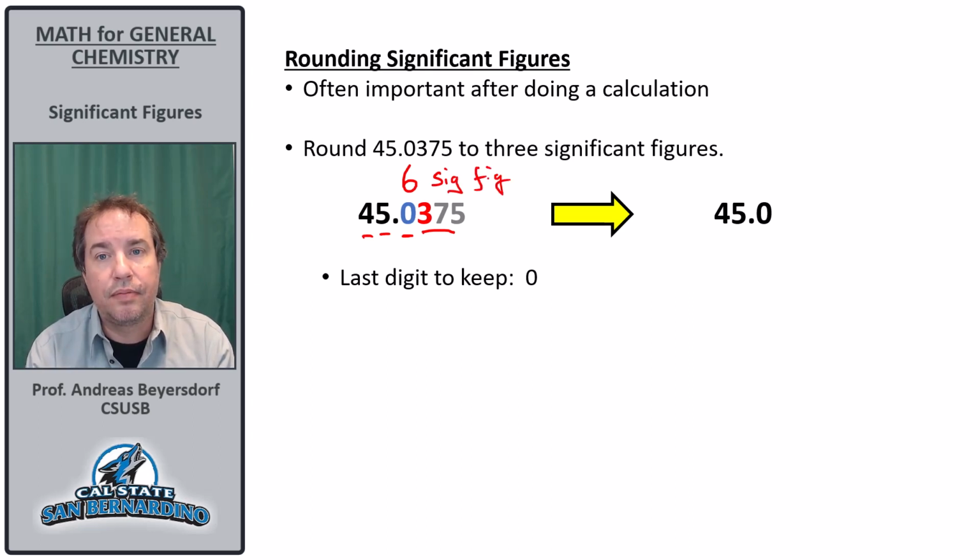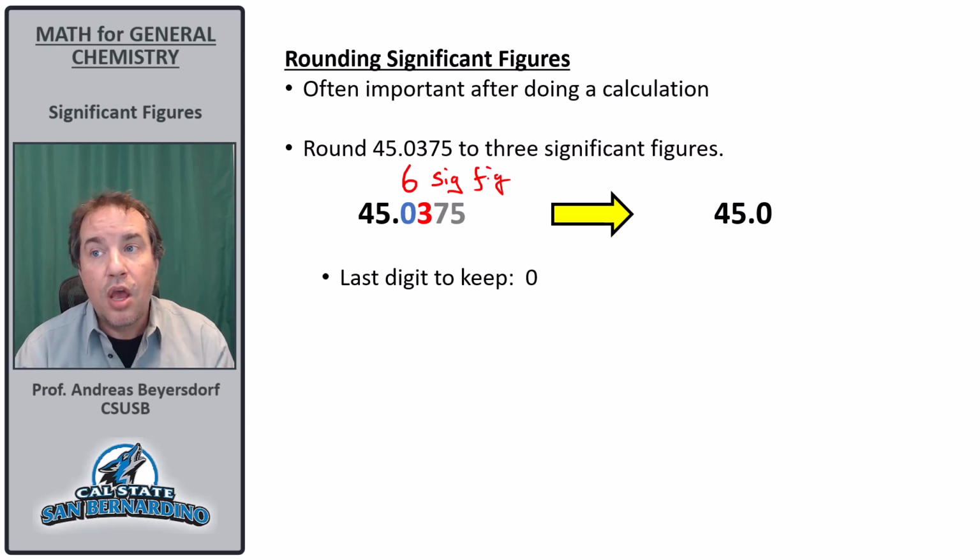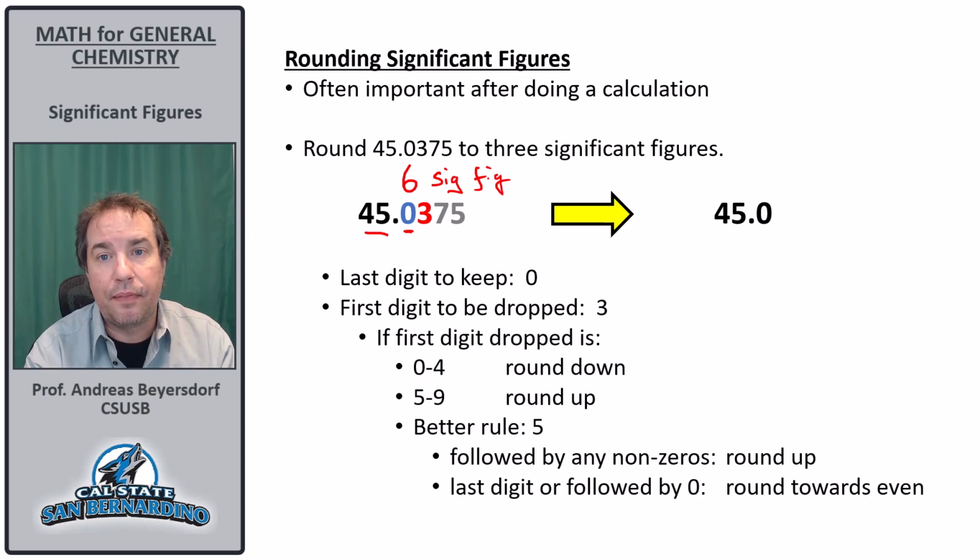So this number has 6 significant figures. Well, we want to take this and make it only 3 significant figures. So we first keep the 4 and the 5. The 4 and the 5 are definitely kept, so we go from left to right. Now the 0, we're also going to keep, but we may have to round it based on the next figure, which is the 3.